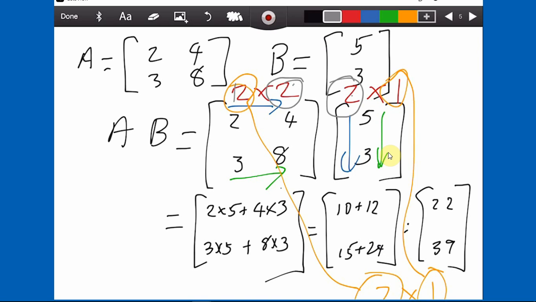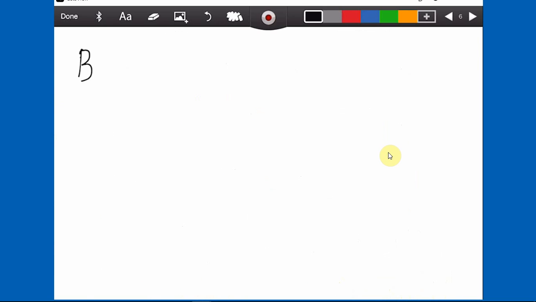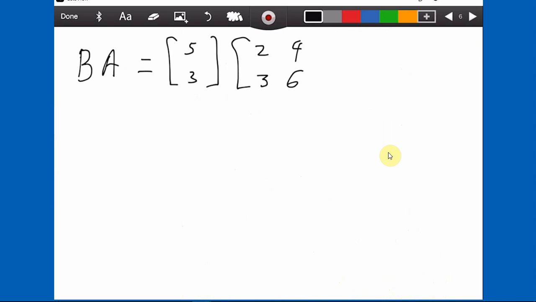And we'll have a look in a minute with this next example, because what I'm going to do is B times A with the same 2 matrices. And so B is 5 and 3, and A is 2 and 4 and 3 and 6. So if we follow, we go across the row and down the column.